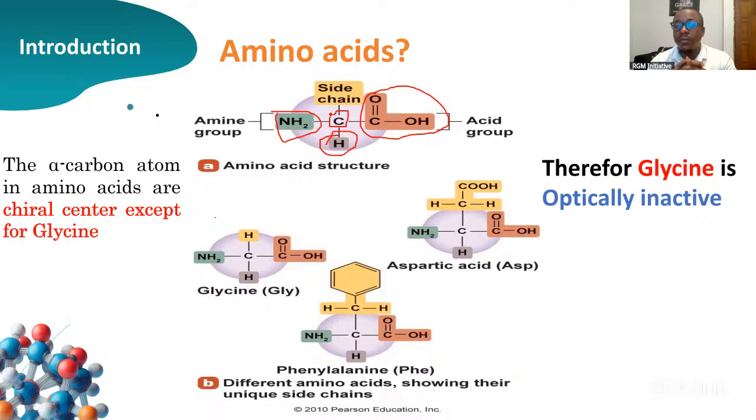The amino acids that are found in proteins are called alpha amino acids. So if it is not an alpha amino acid, it cannot be found in proteins. So you might see something like gamma aminobutyric acid, which is GABA. It's an amino acid, but not an alpha amino acid. It's actually a neurotransmitter.